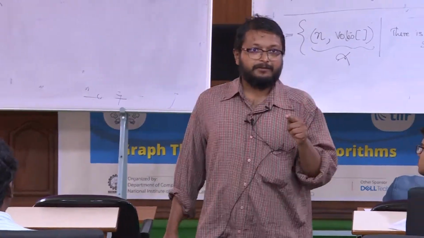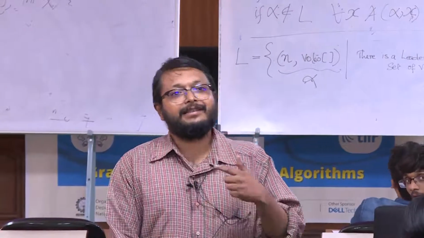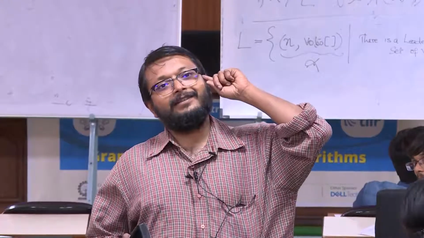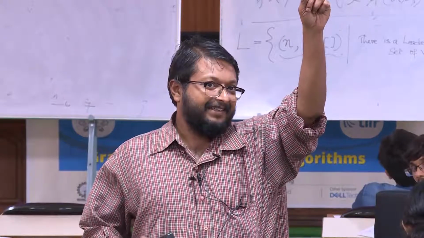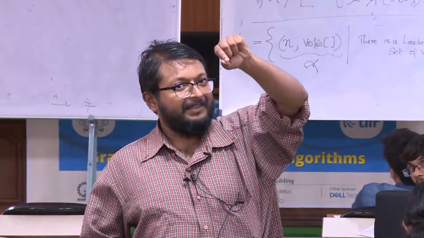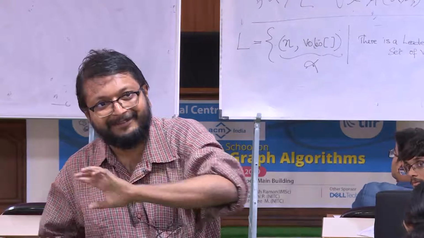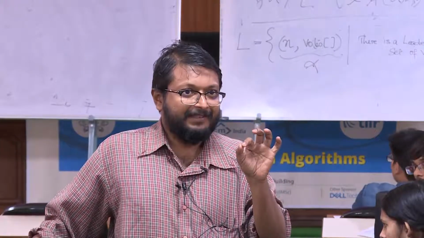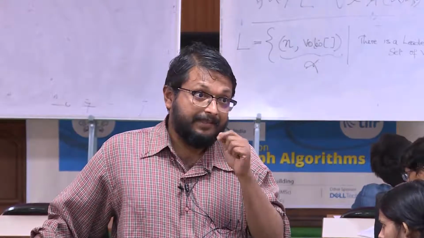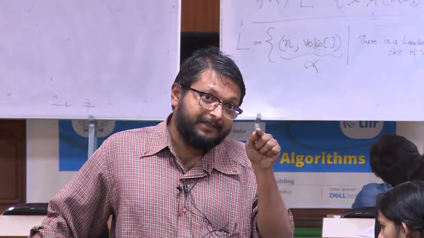Is it always true that there is a way of making the algorithm return 1 when alpha is in L? Is it always possible? That's the point. If alpha has a leader, you have to ask the question, is it always possible to make the algorithm return 1?